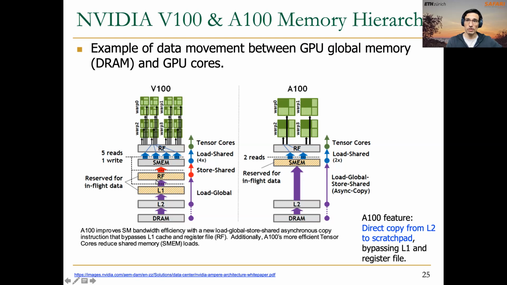And then from the register file, these threads could copy the data into the shared memory for later use by, for example, the Tensor cores.